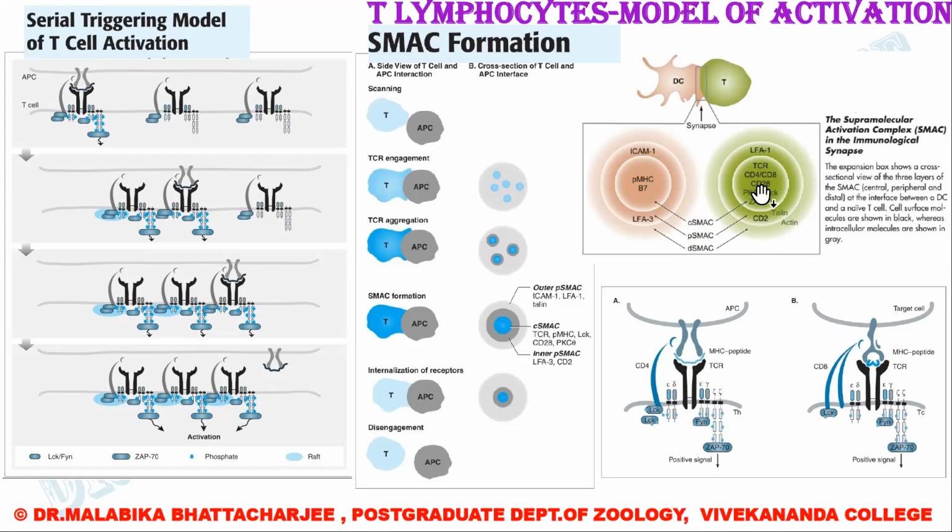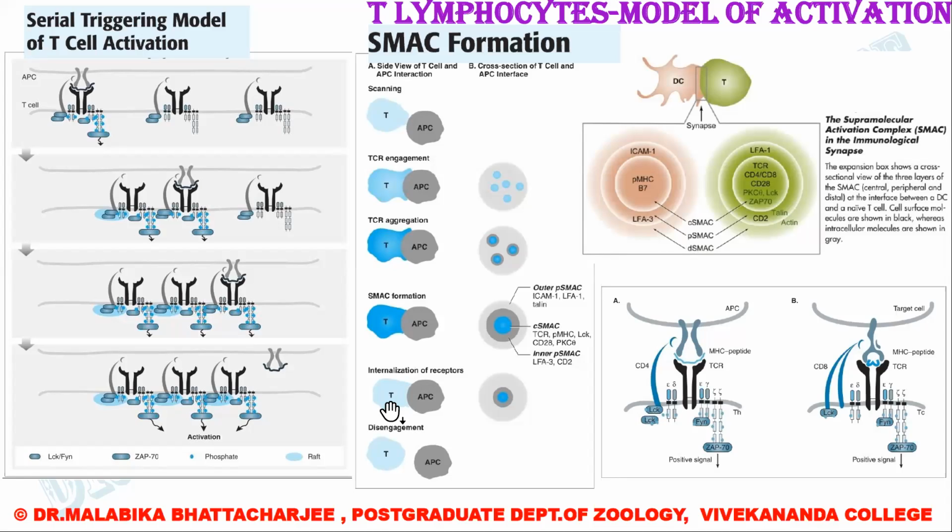The triggered TCRs that have completed their participation in the signaling are then internalized, and the SMAC structure slowly dissipates before the T cell disengages from the antigen presenting cell to commence proliferation and effector function.